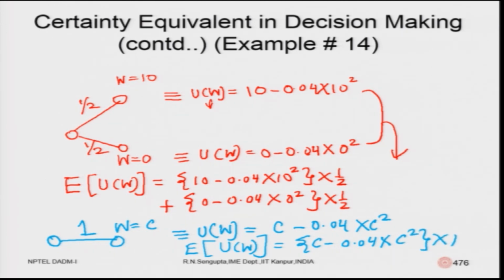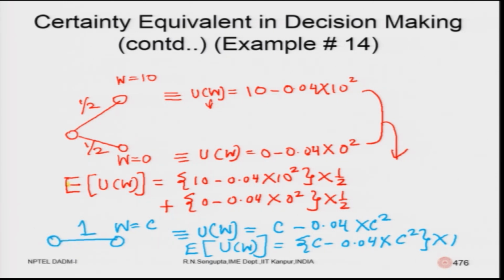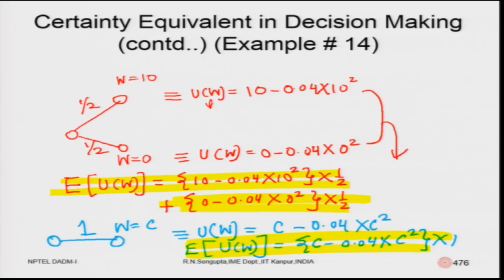Now, what should I do? I should equate them. What do I equate? I equate the value which is there, everything is known here, with this, everything is known here except the value of c.